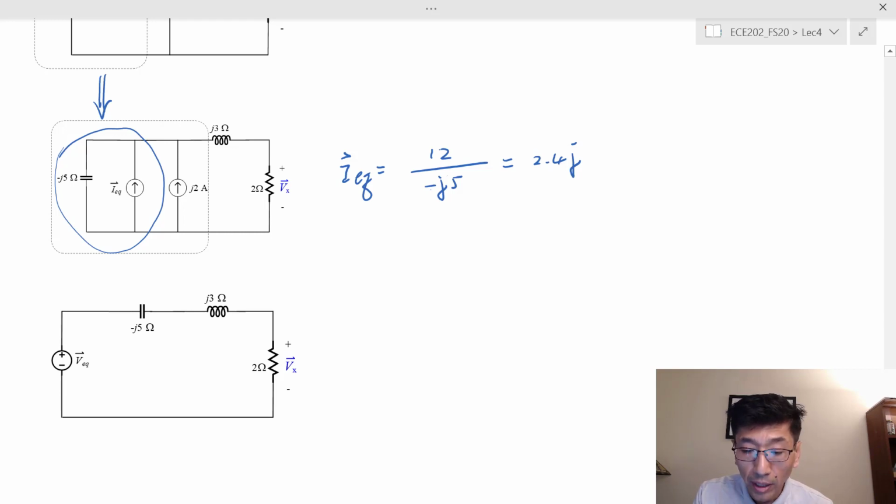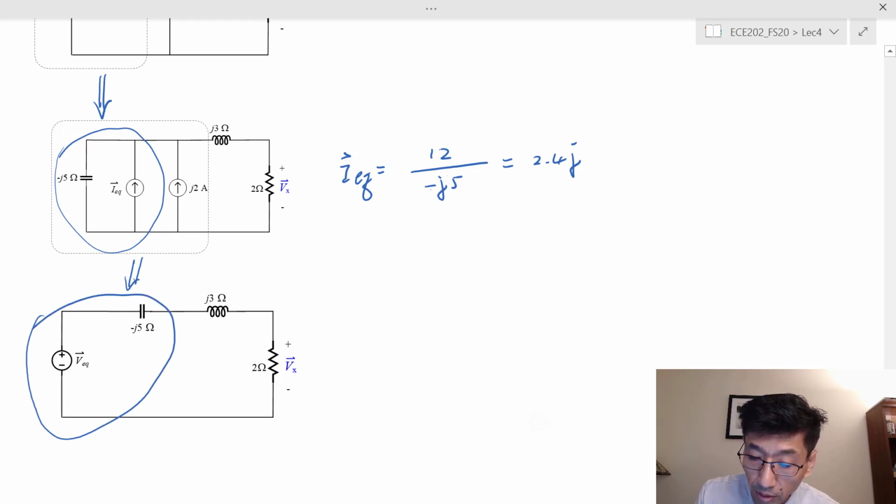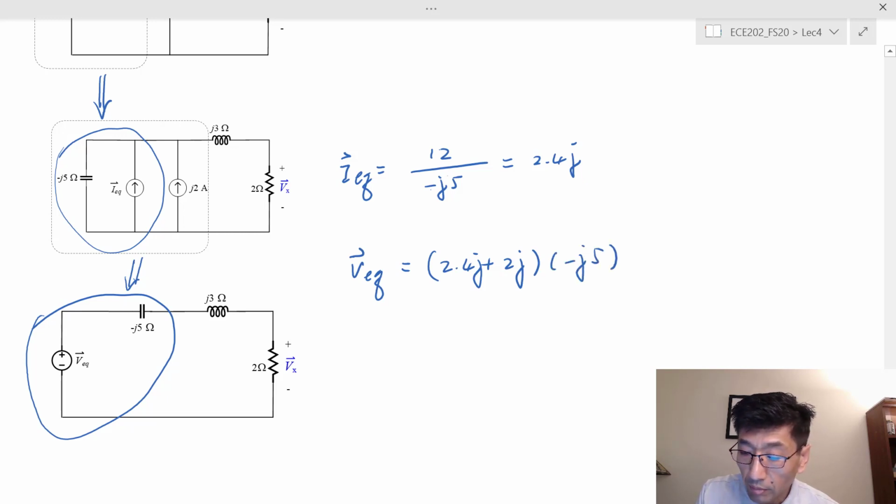Then I apply the source transformation again here. That will become this one here. This Veq would become that parallel current source, which is 2.4j plus 2j, times the impedance. The impedance is negative j5, right?